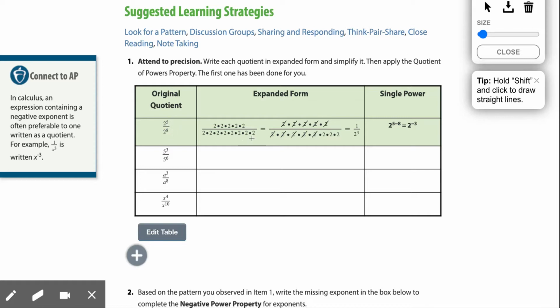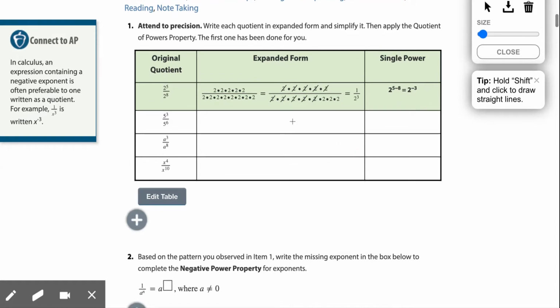They subtracted their exponents. 2 to the 5th divided by 2 to the 8th. That'd be 2 to the 5 minus 8, which is 2 to the negative 3. Okay, 5 to the 3rd divided by 5 to the 6th is 5 to the 3 minus 6, which is negative 3.